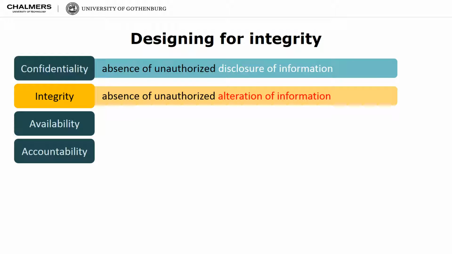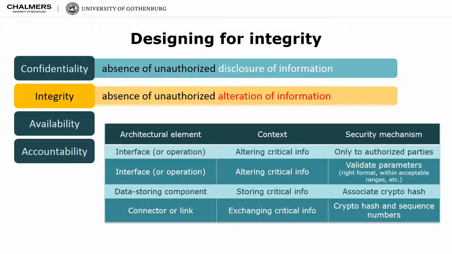From a design perspective, preserving integrity means that the architect needs to identify the critical information in the system, meaning information whose integrity needs to be preserved, and then consequently also identify the components that are dealing with such information.